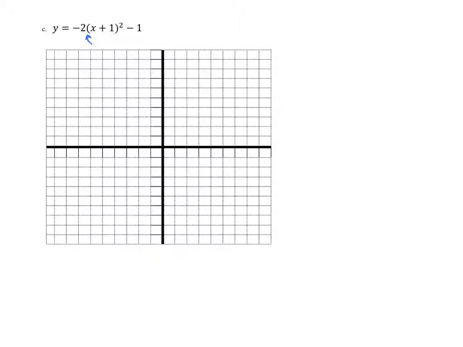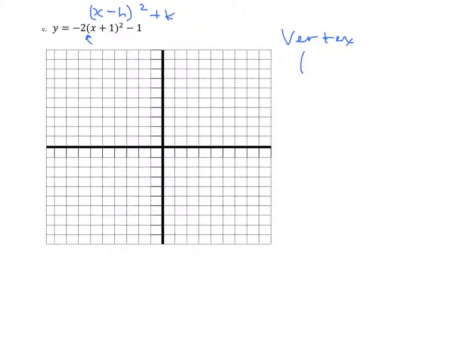Having said that, it doesn't really impact getting the vertex, so let's get the vertex. We still have the x minus h here squared and the k. Good? But you'll notice it's a little different here.